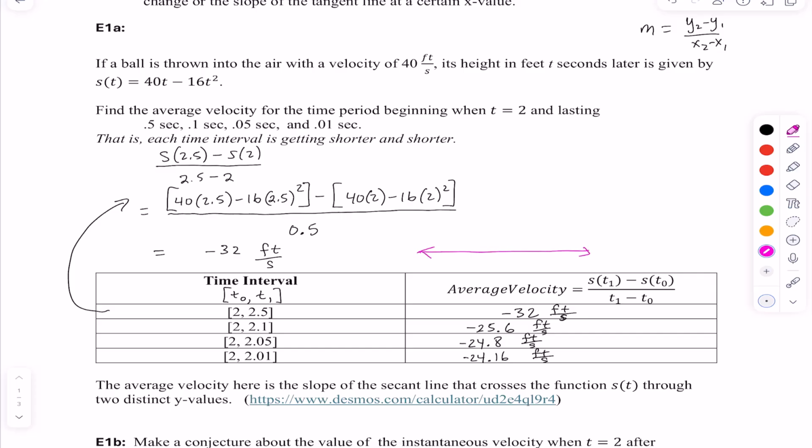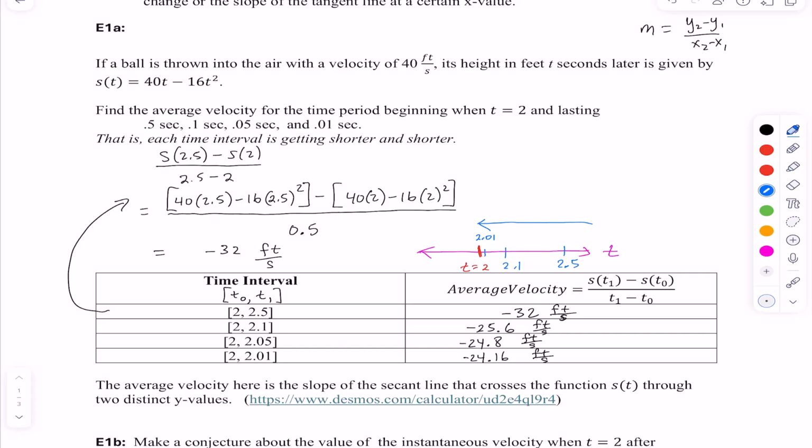Well, there's a t-axis, and there's a moment called t equals 2 seconds. Notice 2.5 was starting on the right-hand side of it, and then we went to 2.1, and then we get even closer and closer, 2.01 eventually.